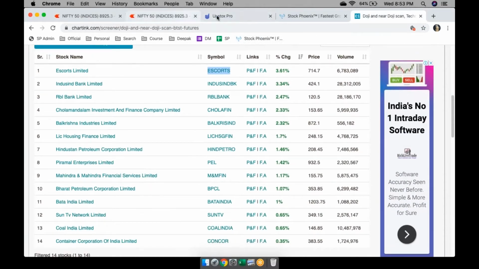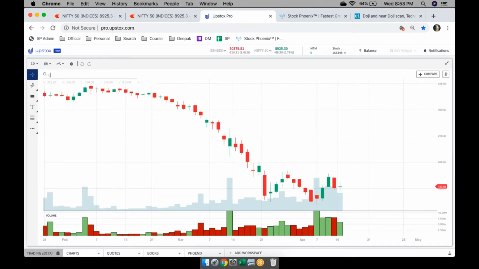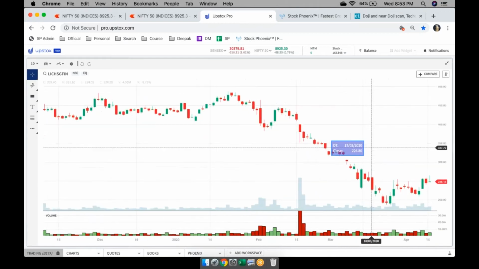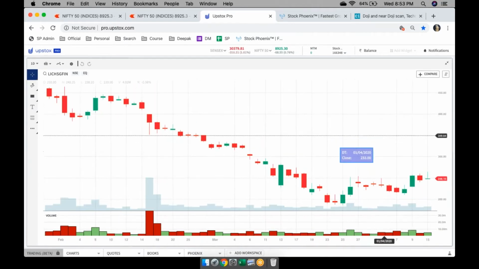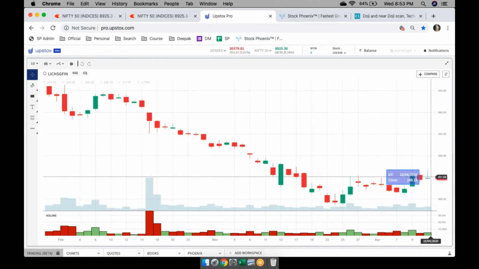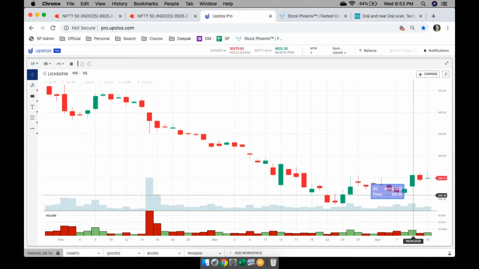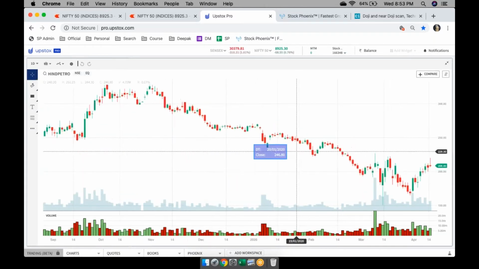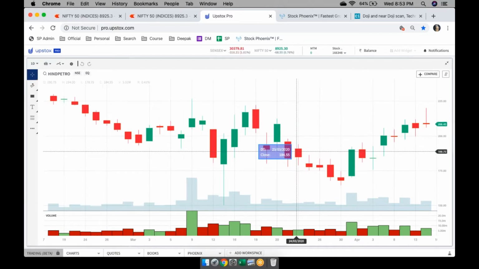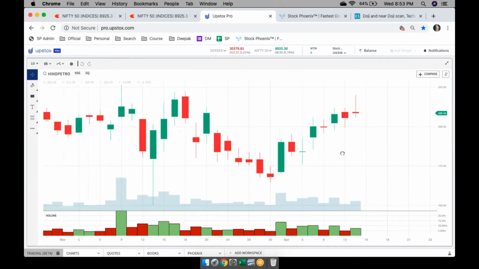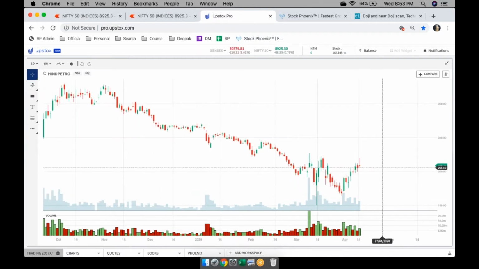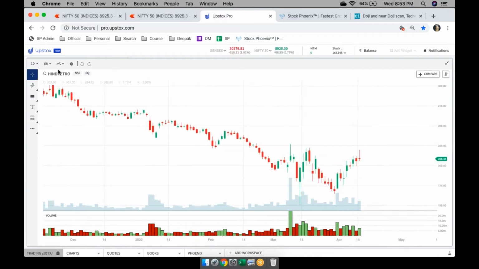LIC, Hind Petro, PEL. It is rejected because it's in the swing high. It should be in the swing low. Again, it is rejected. Maybe we can go for a short, but considering the curve, we should not go for a short at this place.